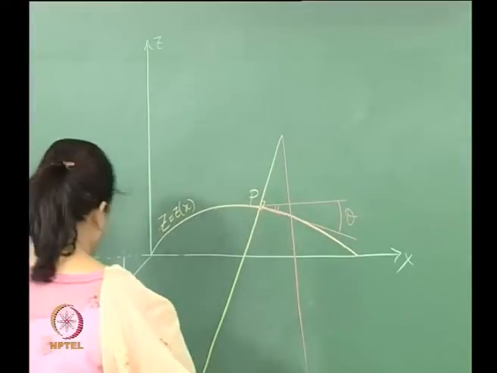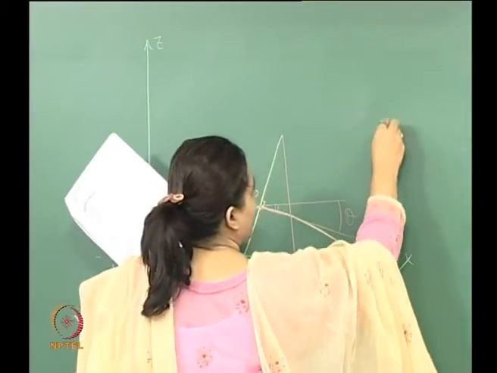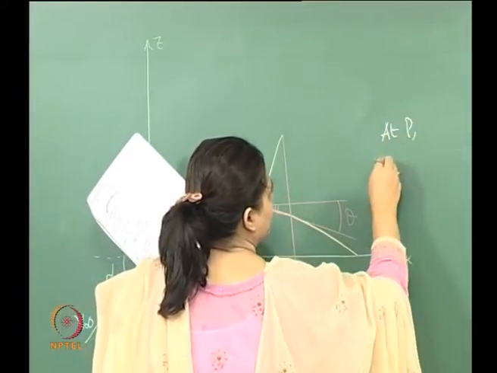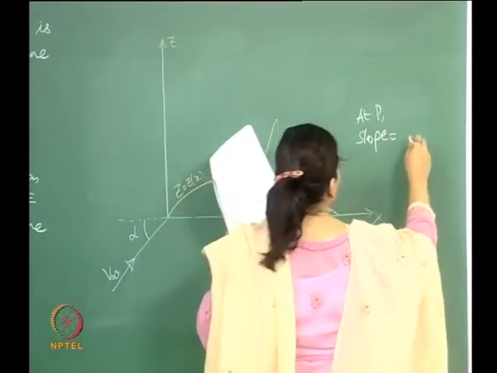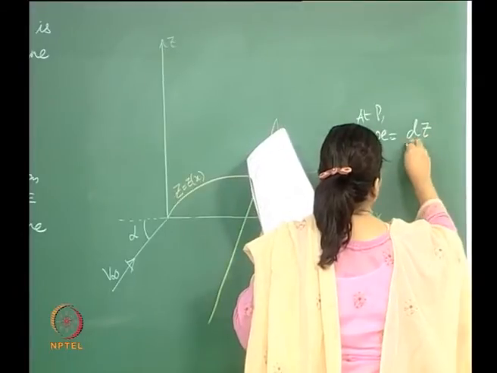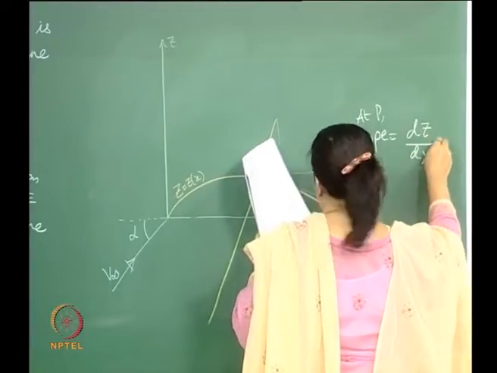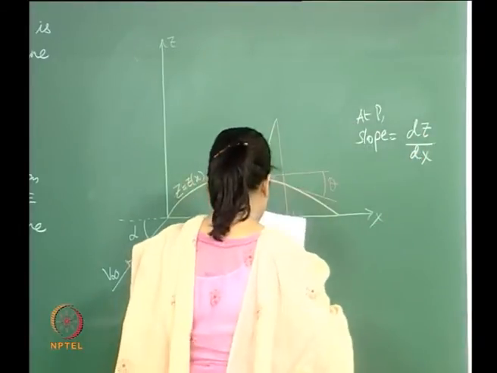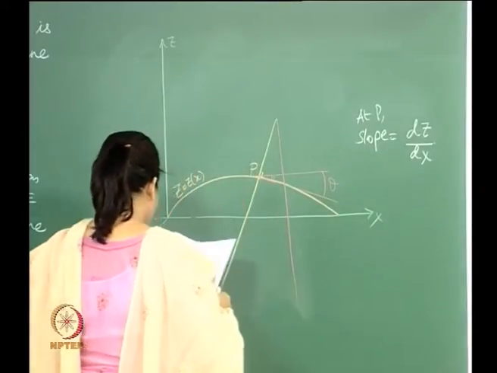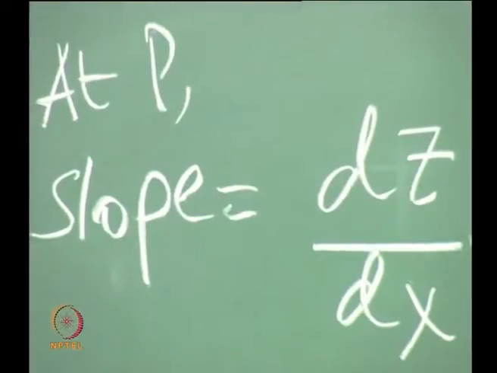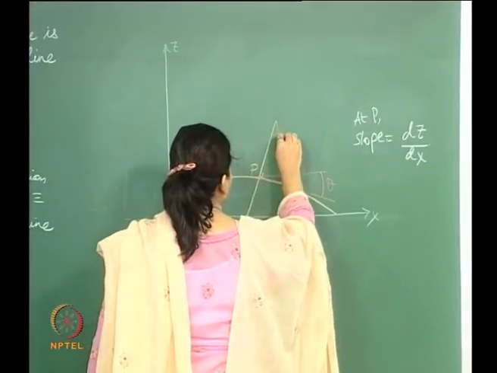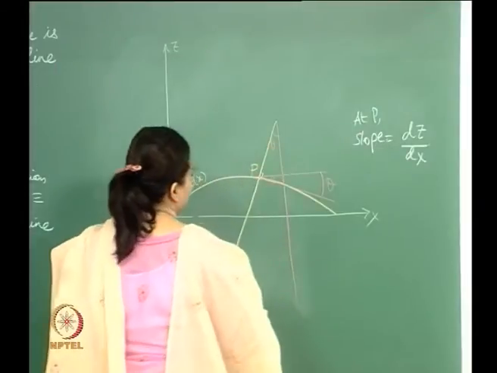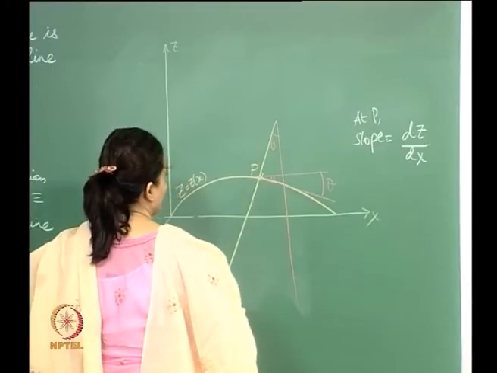So, at the point P, the slope is equal to Tc by Tx. So, if I say this is theta, that means that this is theta as well.